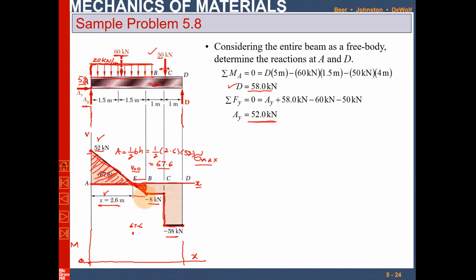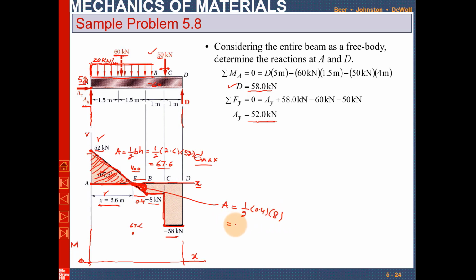So this length will be equal to 3 minus 2.6, which is 0.4. The area of this will be equal to half of the base, which is 0.4, into the height, which is 8.